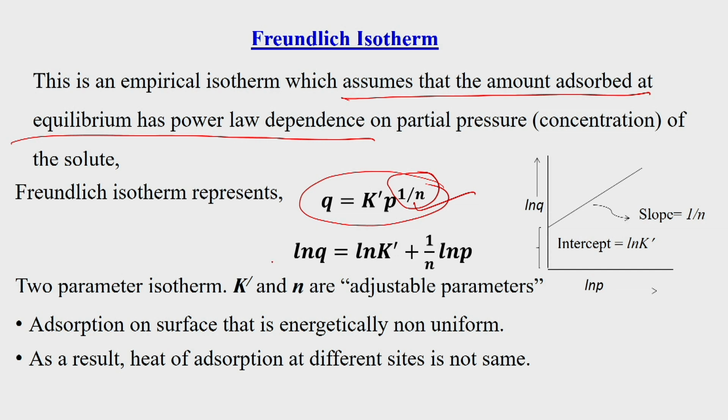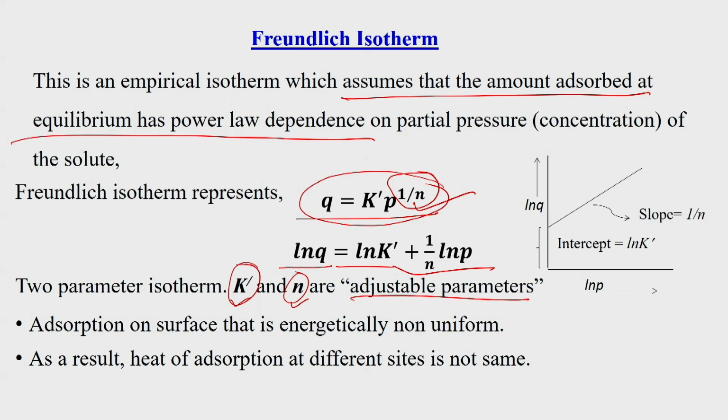Okay. If I take the logarithm of this equation, we will get ln q = ln k' + (1/n) ln p. These parameters k' and n are called adjustable parameters, as this is an empirical relation. These can be obtained very easily from the experimental data points.